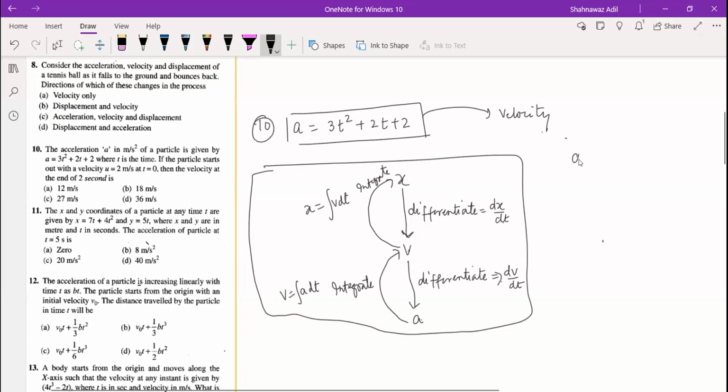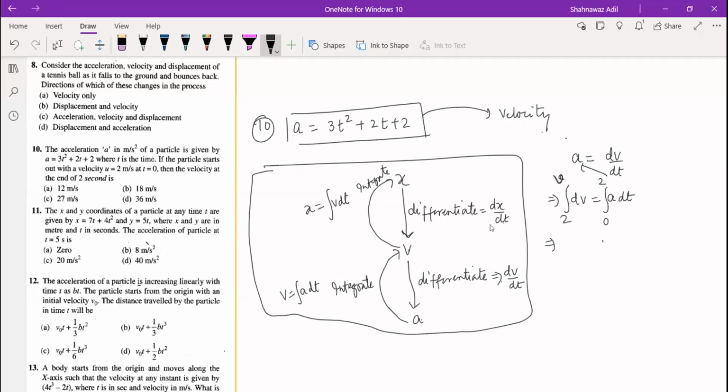So we know that A is dv by dt. We take this dt to the other side, so dv is A dt. We integrate both sides. In this one, we put the limits: velocity from 2 to v, which we don't know yet, and time from 0 to 2 seconds.